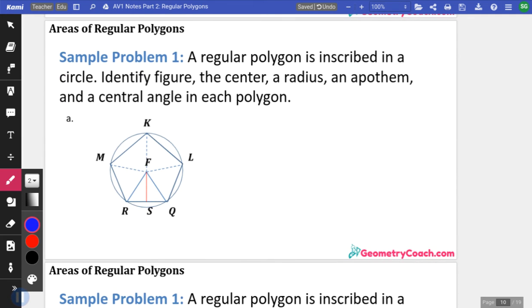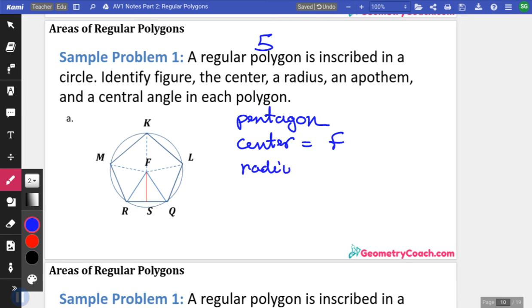All right, let's take a look at a sample problem. We have a regular pentagon inscribed in a circle. Identify the figure. So identify the figure, pentagon, because it has 5 sides. The center, a radius, an apothem. Center is just the name of the point, point F. Radius.